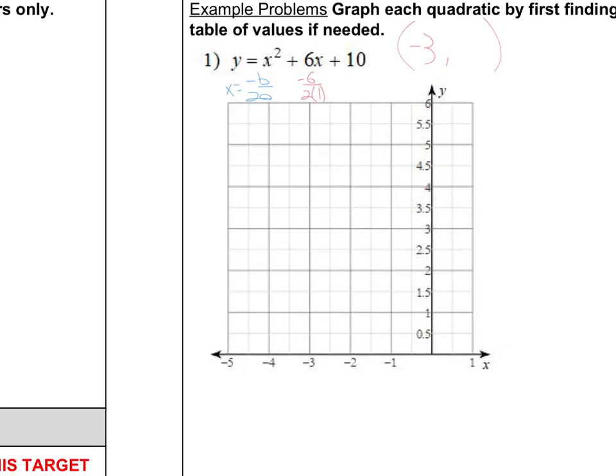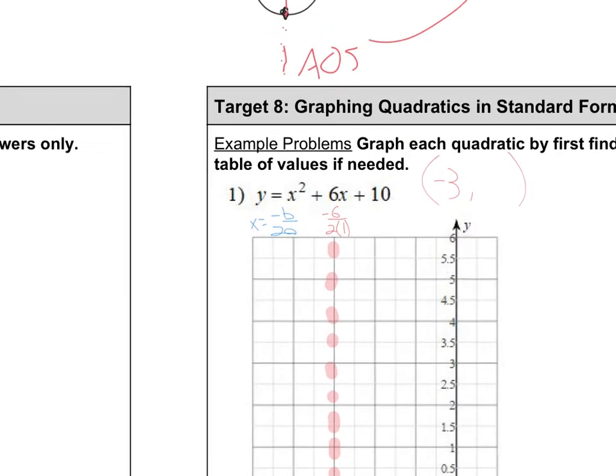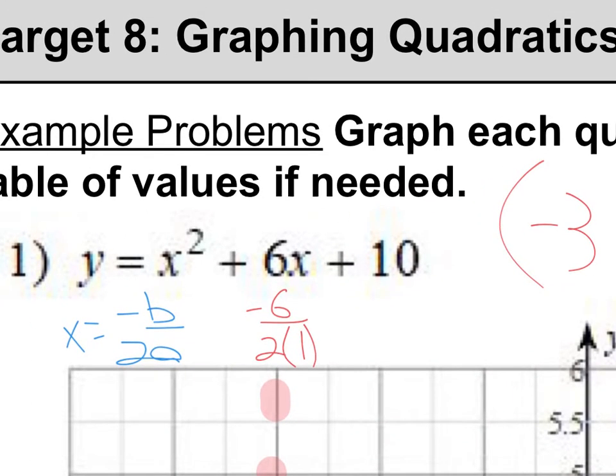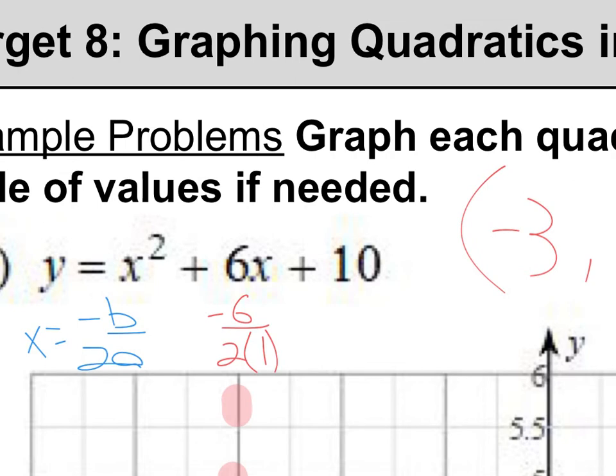Visually, when I graph this, my axis of symmetry is going to be kind of like an imaginary dotted line that goes straight through the middle of the parabola. Now I need the y value for the vertex. Well, I've got a function, right? If I know x is negative 3, I can figure out pretty easily what y is when x is negative 3 just by plugging negative 3 in for x.